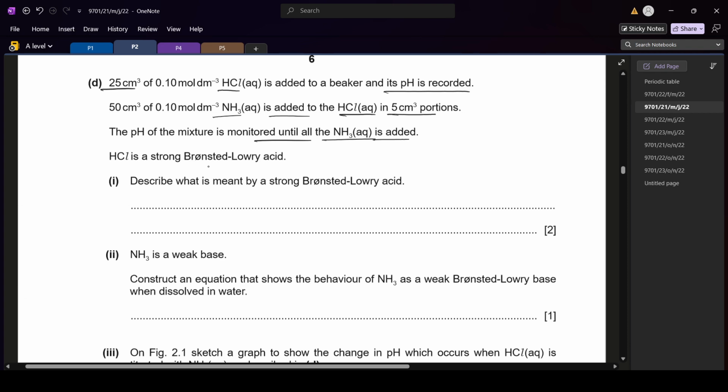HCl is a strong Brønsted-Lowry acid. Describe what is meant by a strong Brønsted-Lowry acid. So here strong means it fully dissociates into ions, and the acid means proton donor.